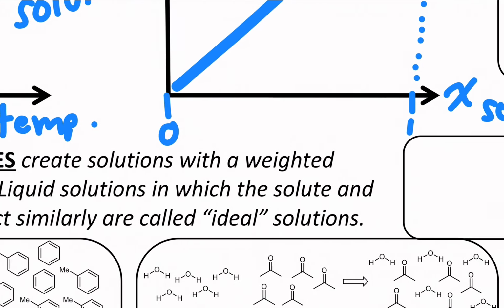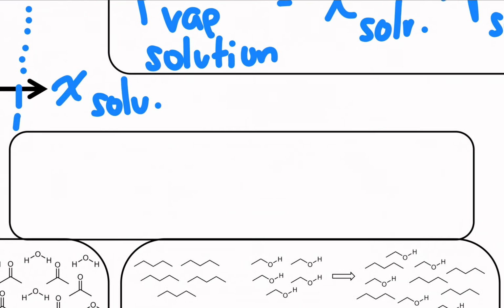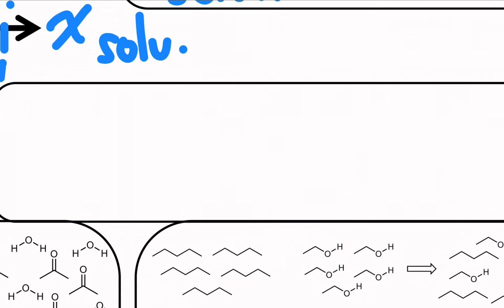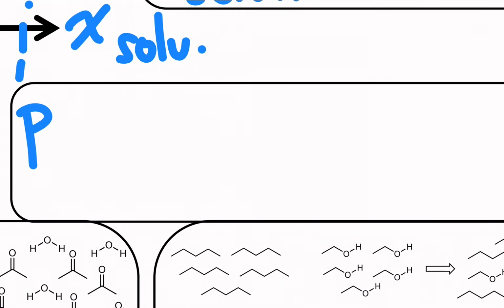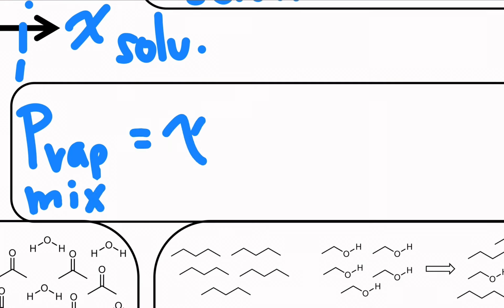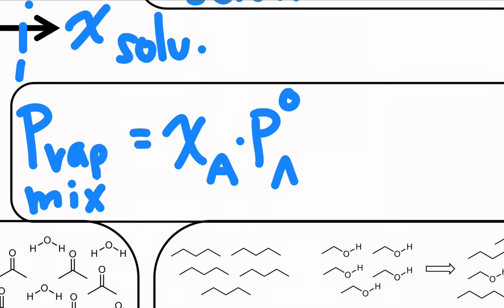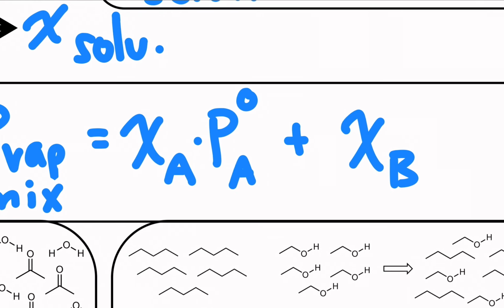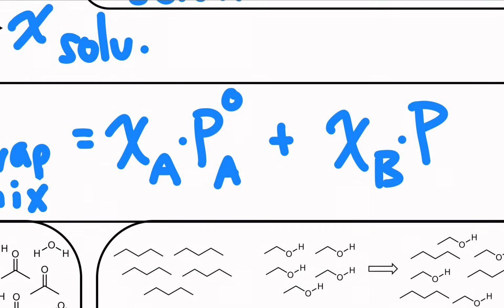So they actually have their own vapor pressure to contribute, and you get a weighted average expression of Raoult's law, where the vapor pressure of the mixture is equal to the mole fraction of one component times its pure vapor pressure plus the mole fraction of the other component times its pure vapor pressure.